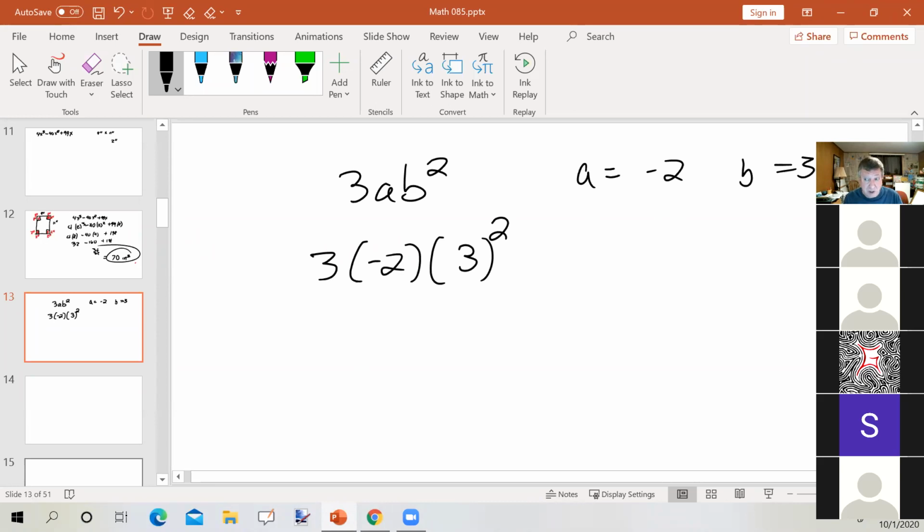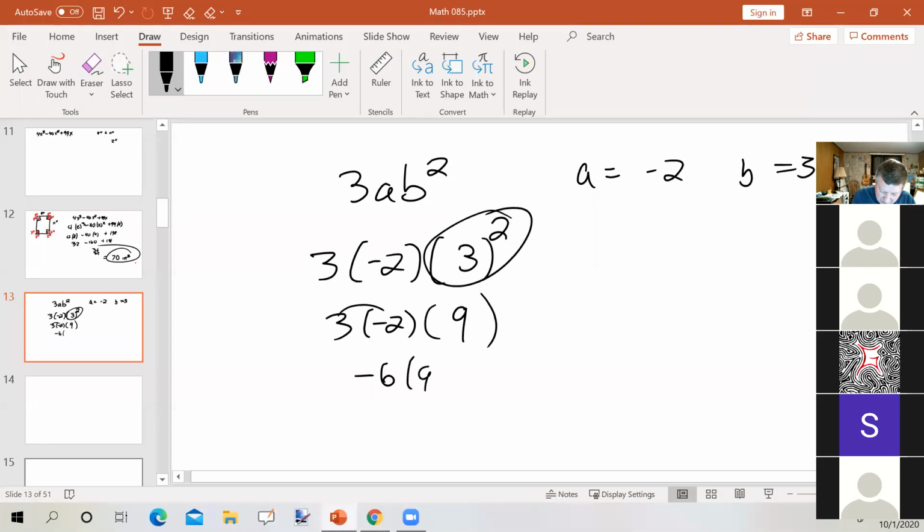Order of operations, we're going to do the exponent first. What is 3 squared? 9. So now multiplication from left to right. 3 times -2 is -6. -6 times 9 is -54. All right with that?